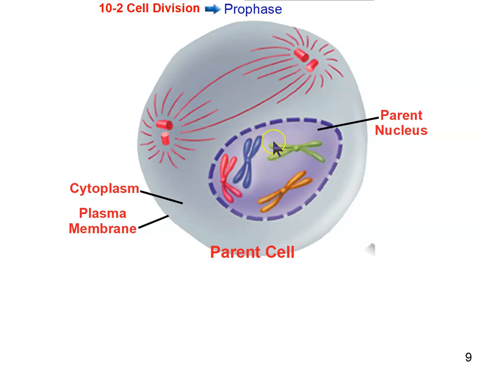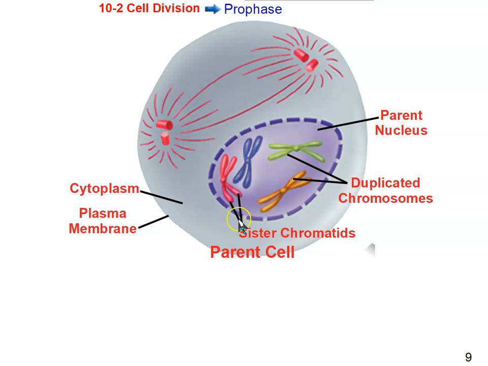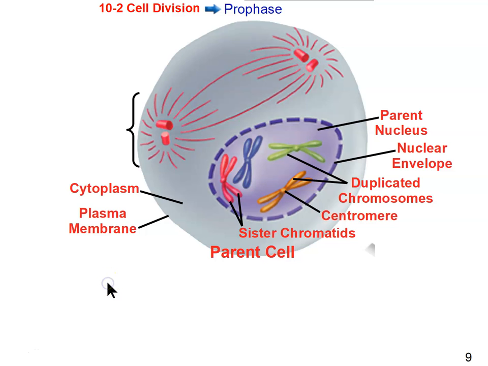And of course, we've got the parent nucleus and the mitotic chromosomes, the condensed duplicated mitotic chromosomes, made up of sister chromatids. So each chromosome has two sister chromatids attached at the centromere. And that's simply the point of attachment between the chromatids. We've got the nuclear envelope surrounding the nucleus, but it's breaking down, so it's represented here as a dotted line.